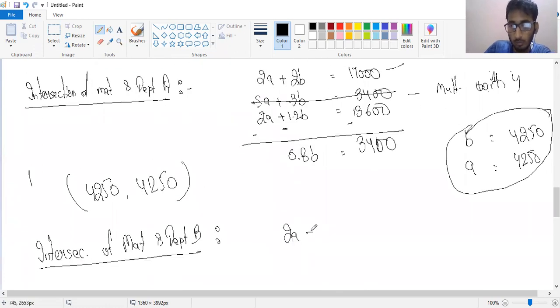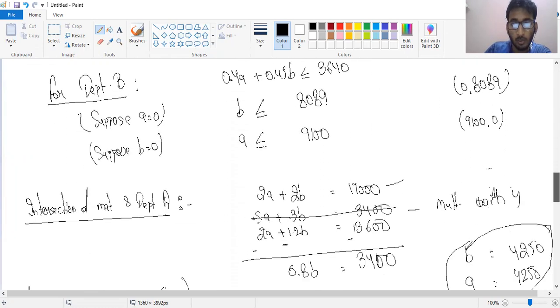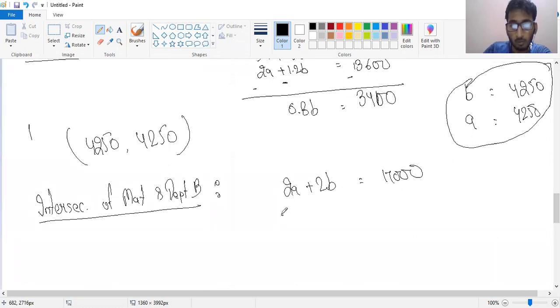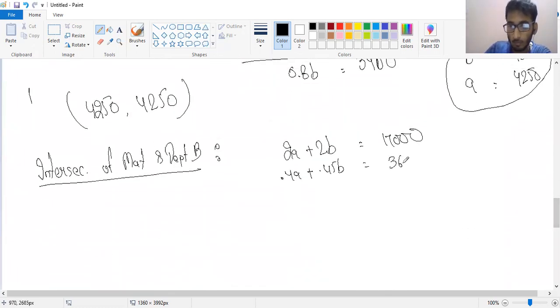So 2a plus 2b equal to 17,000 and 0.4a plus 0.45b equal to 3640. So multiply with 5.